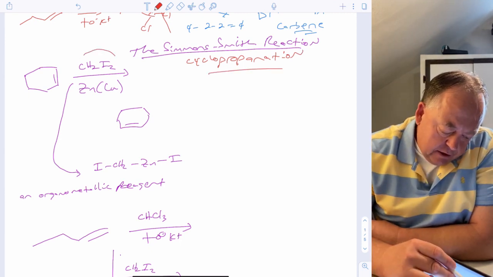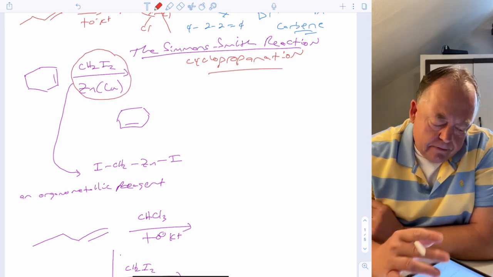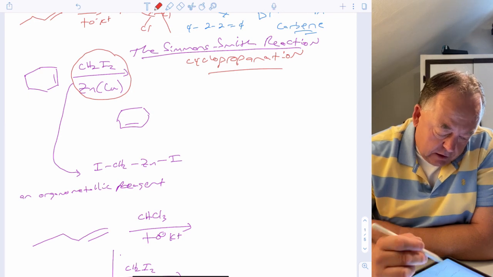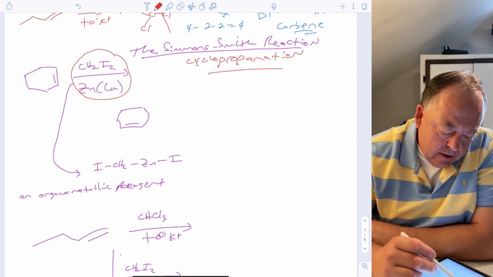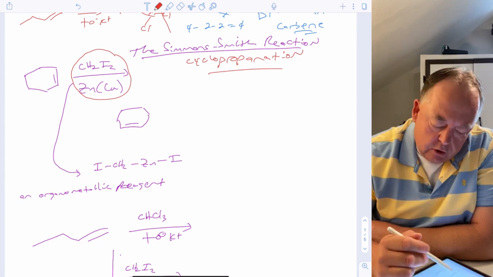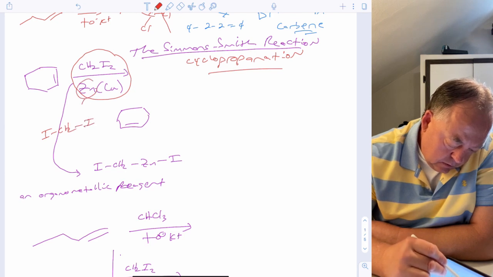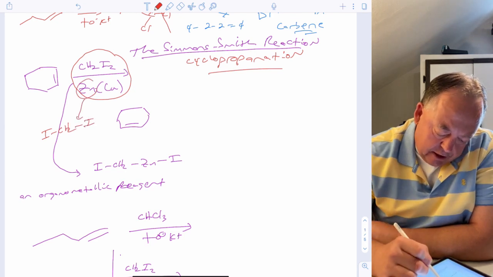So this is your reagent, CH2I2, and then you react it with the zinc copper amalgam. So what basically is going to happen here is the zinc is going to insert between a carbon iodine bond, and you're going to make this reagent.